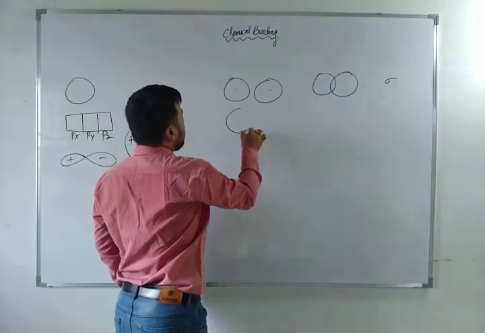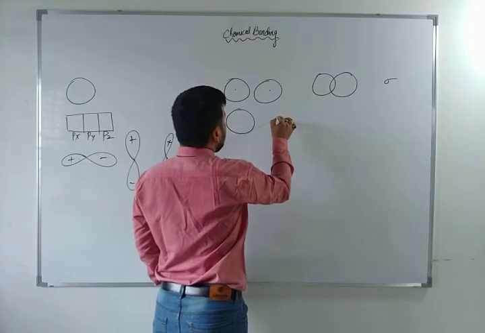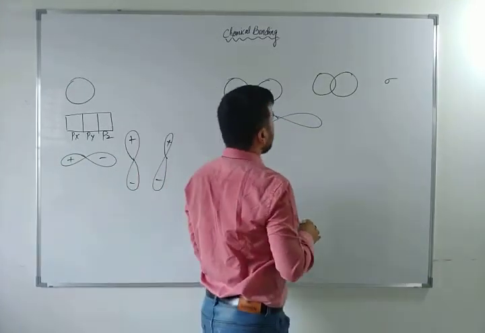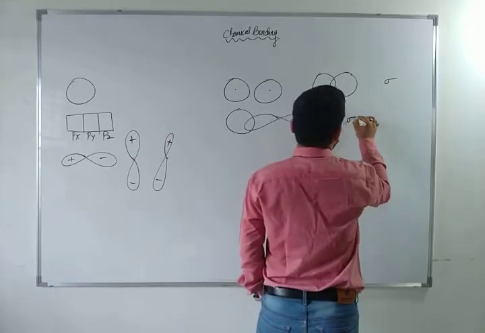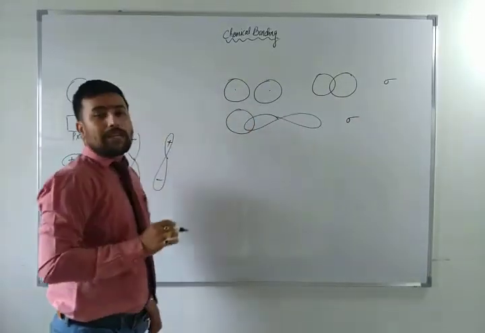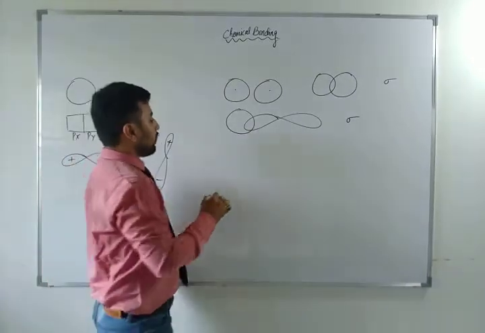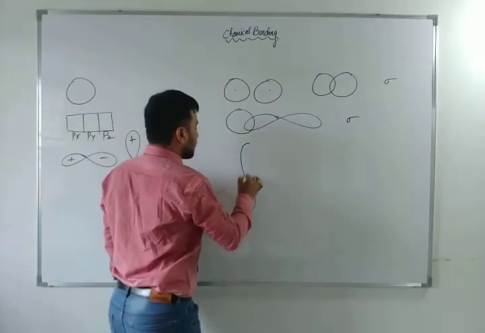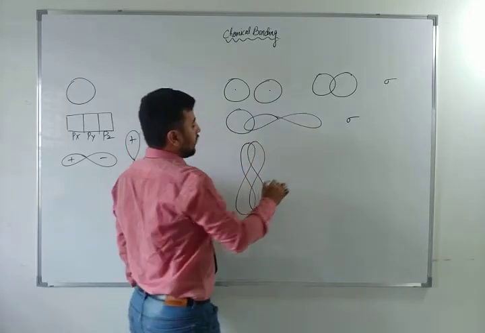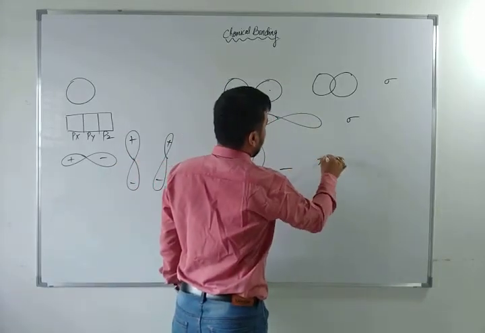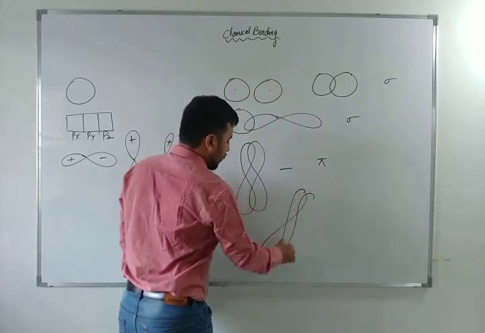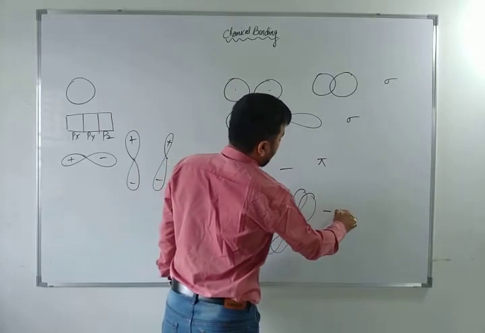S orbital and px orbital overlap and form a sigma bond. Means when they are symmetrical, they form a sigma bond, and when they are sidewise, they form a pi bond. When they are lateral wise, they also form a pi bond.